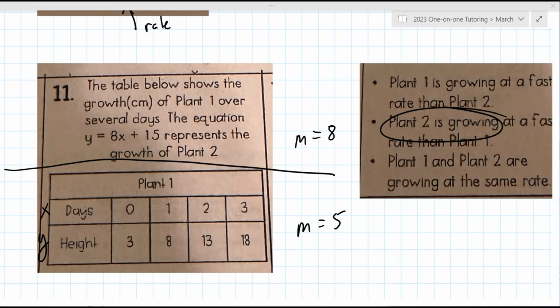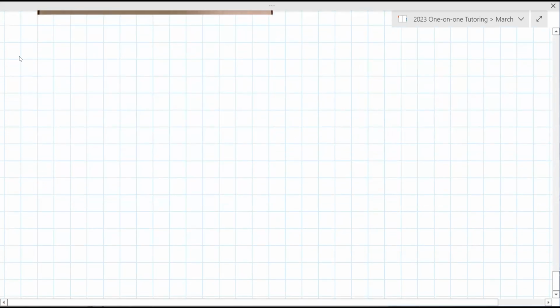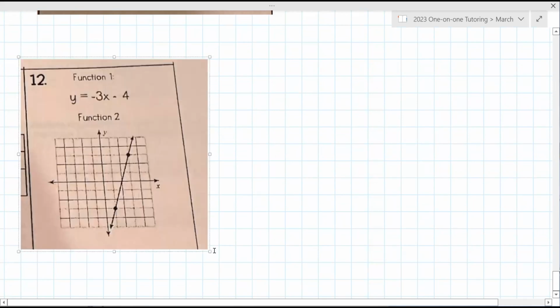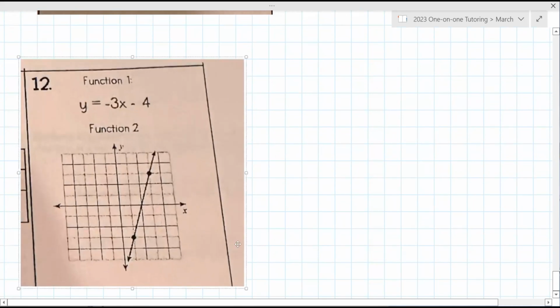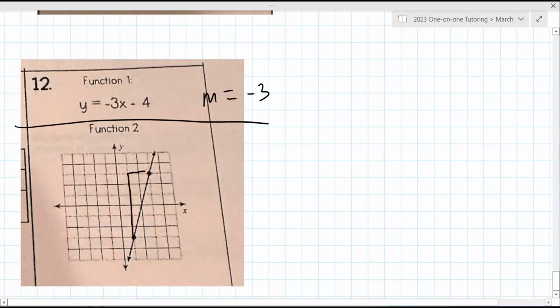All right. Number 12. All right, so the slope of function 1 is -3. What's the rise over the run here in function 2? What does that become?